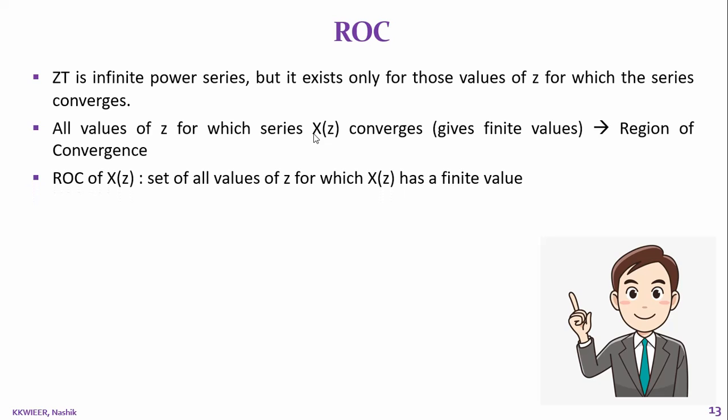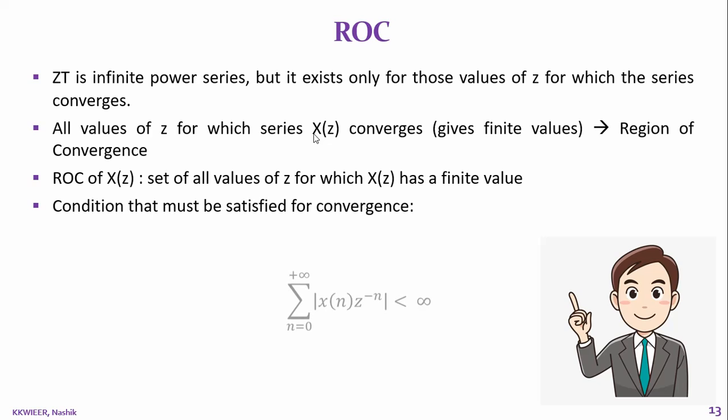The ROC of x of z is nothing but the set of all values of z for which this x of z has a finite value. The condition that must be satisfied for convergence is that the summation, n runs from 0 to infinity, of x of n z raised to minus n should be less than infinity.